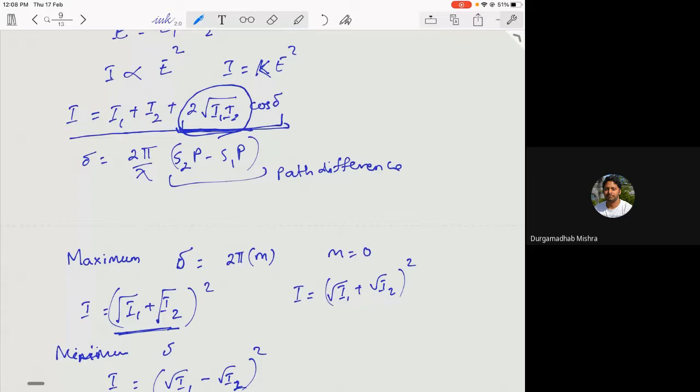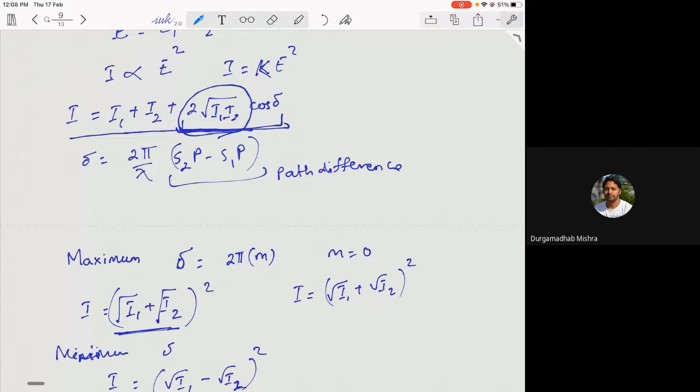This is a superposition of the electric field that is happening at that point. And to calculate the intensity, we are taking the square of that. And since it is a vector sum, it is different from a scalar sum. So if it is a scalar quantity, then it may not have happened. So you will never get this I1, I2 term for a scalar sum.